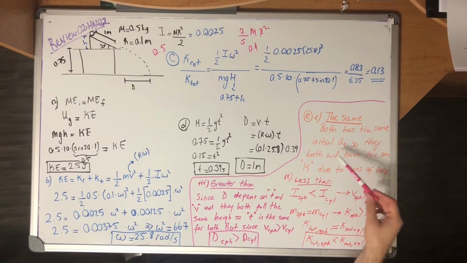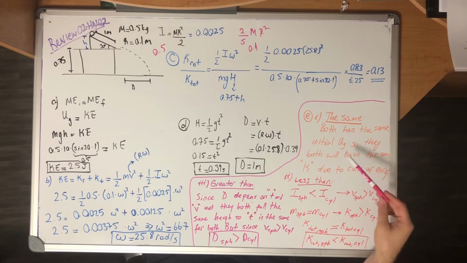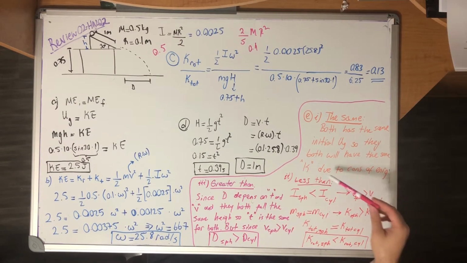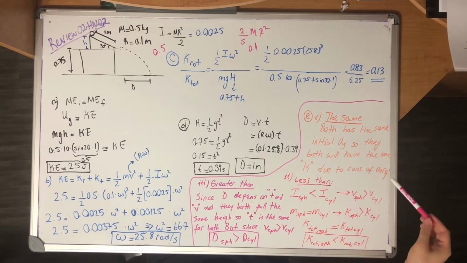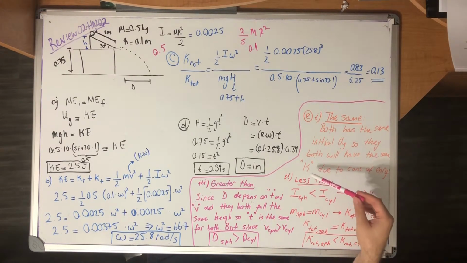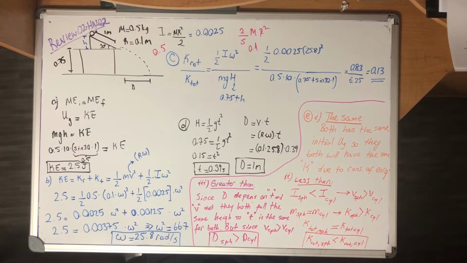So both have the same initial gravitational potential energy, so they will both have the same kinetic energy due to conservation of energy. But again, this is the total one, not rotational. This is the total.